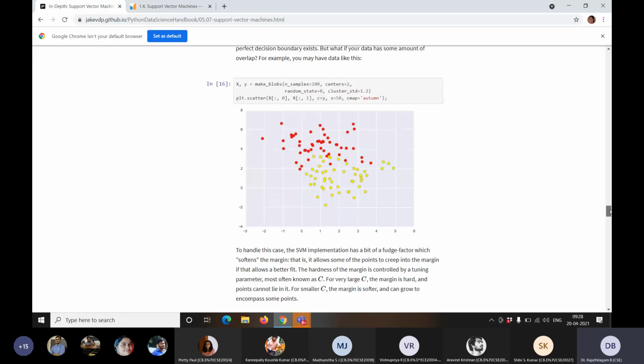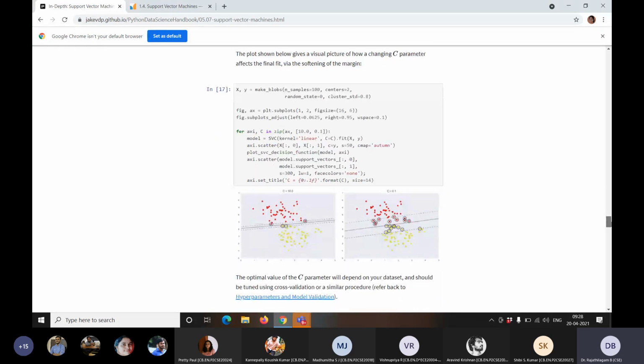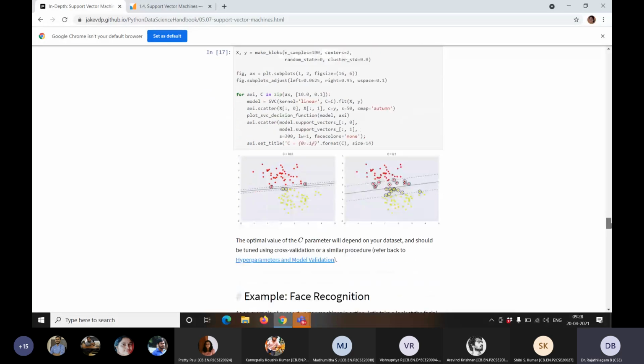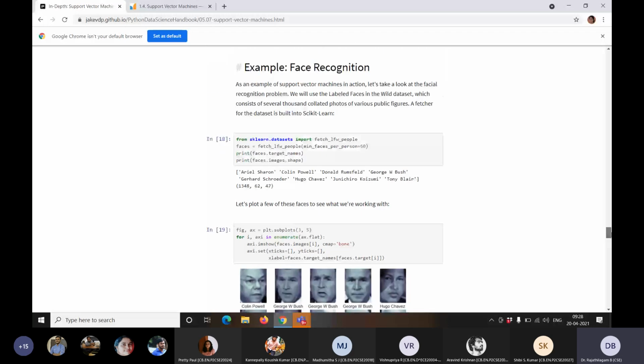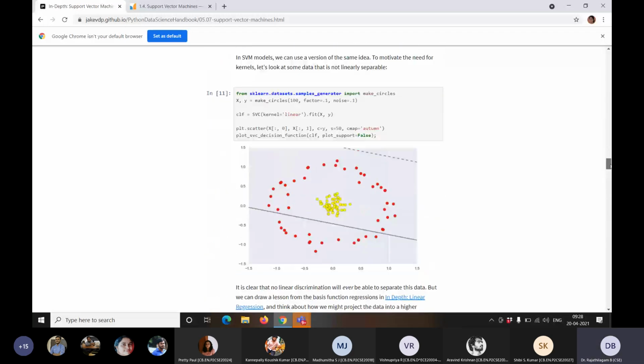Now, adjusting the margins for a data set, something like this. They show how you tune the parameters for adjusting, and then look at the face recognition. Please run this example. You can start doing it.